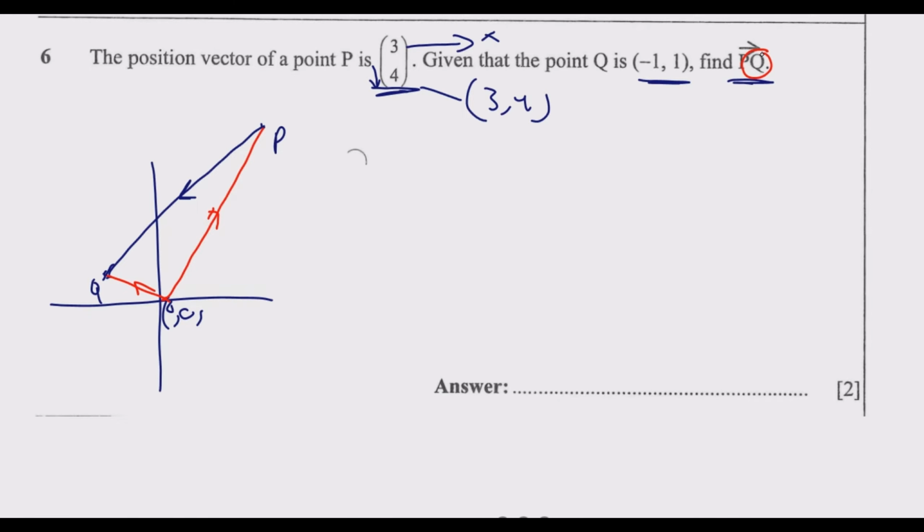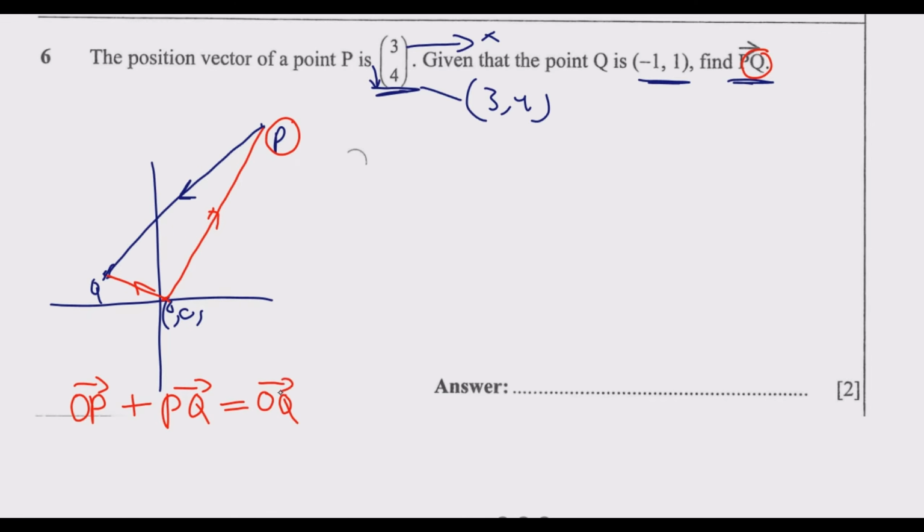So I can start with moving to P, that is starting from the origin. So this is OP. Then I move now from P to Q, which is PQ. Or I can move from O, which is the origin, directly to Q, which is OQ.